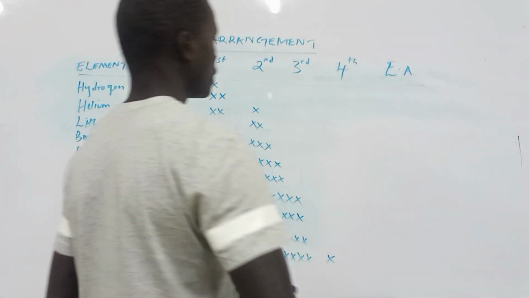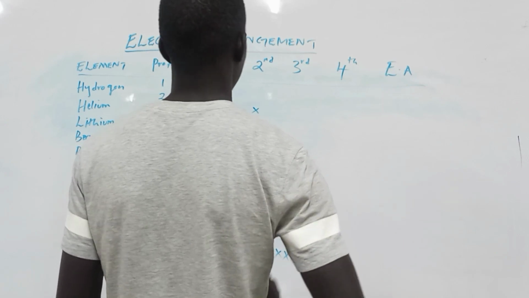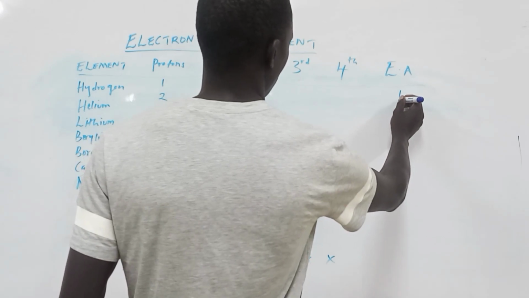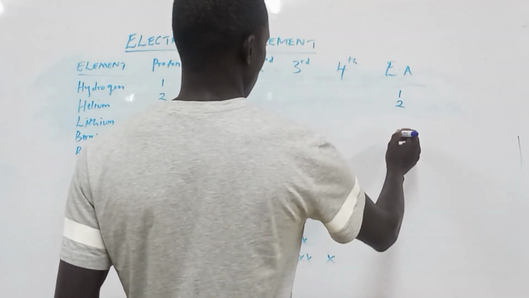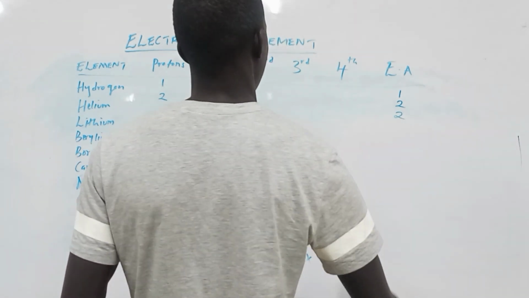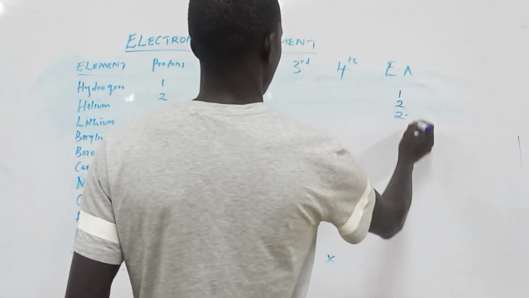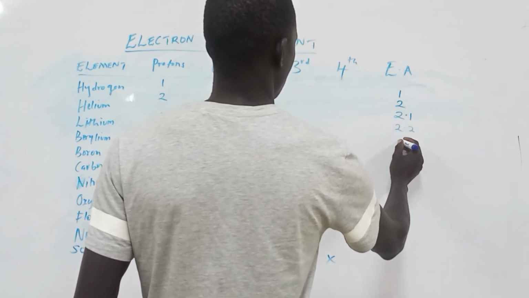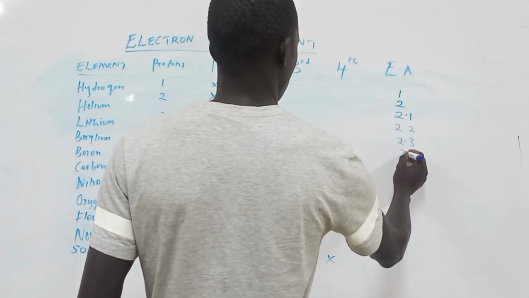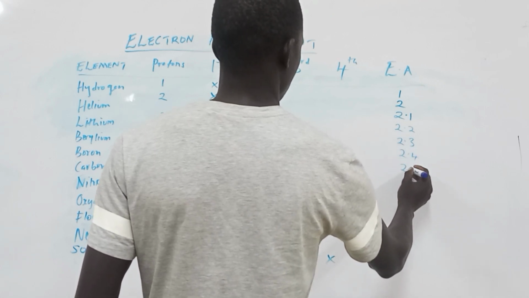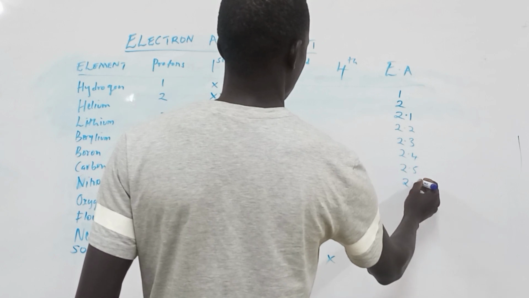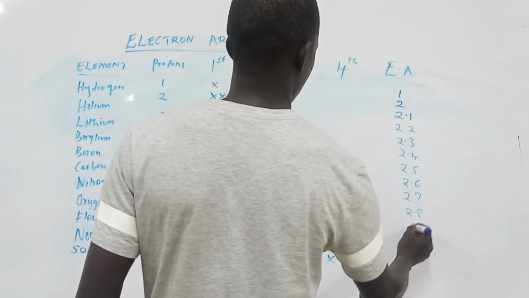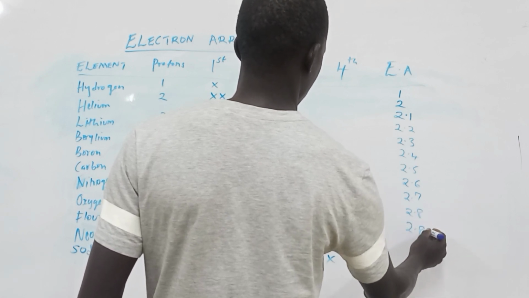Now, here we indicate the electron arrangement or the electron configuration. Hydrogen is 1, helium is 2, lithium is 2 in the first energy level, then we separate the energy levels using a dot: 2.1, 2.2, 2.3, 2.4, 2.5, 2.6, 2.7, 2.8, 2.8.1.